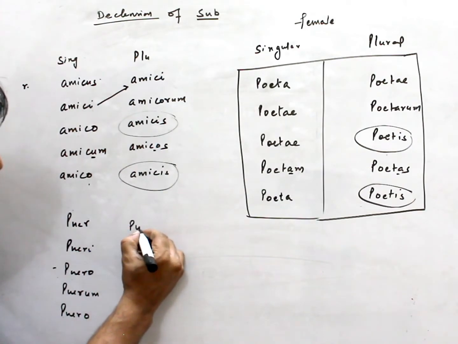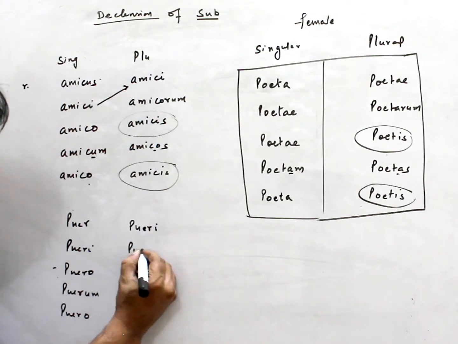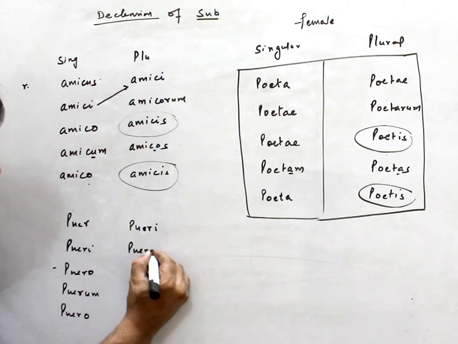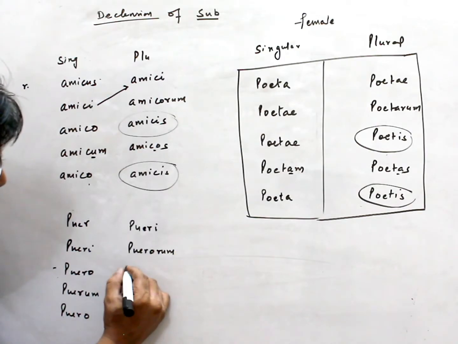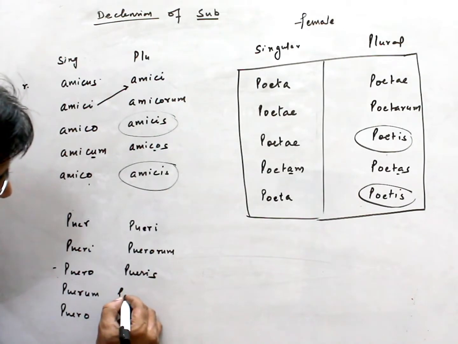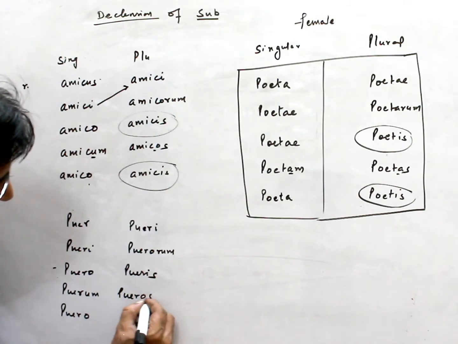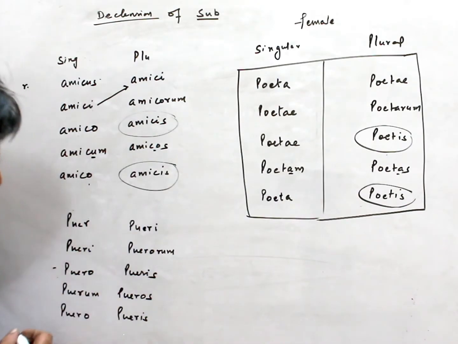Now we see the plural: pueri, puerorum, pueris, pueros, pueris.